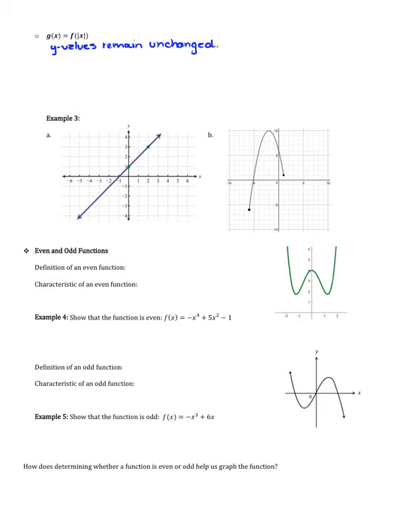And you're going to basically delete everything where x is negative, right? Because you're only going to be graphing a positive value of x, and then reflect the positive values over the y-axis.